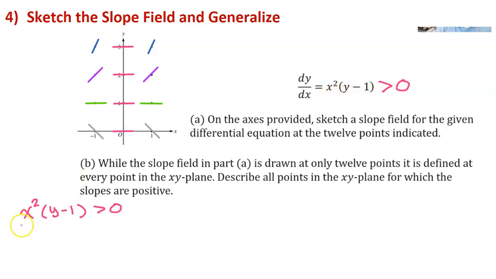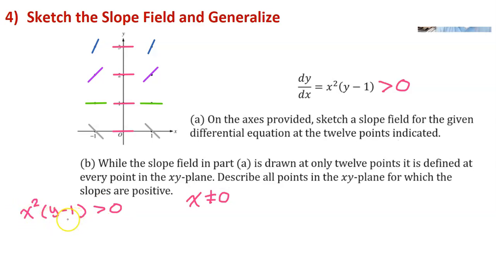Under what circumstances will this expression be greater than 0? So first of all, x cannot equal 0. If x is 0, then that's going to wipe out this entire expression, and you're going to get 0. That's no good. We need it to be greater than 0. So let's make a note. x cannot equal 0.